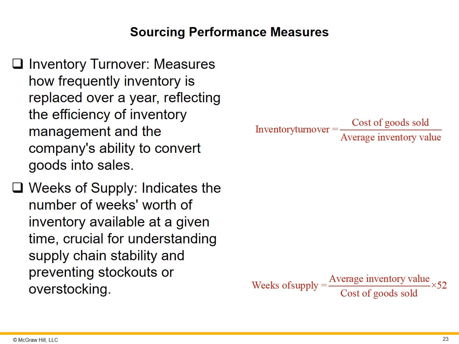There are two performance measures that we can remember. First, inventory turnover. Inventory turnover means how frequently inventory is replaced. So you sell the inventory, then it becomes our sales.